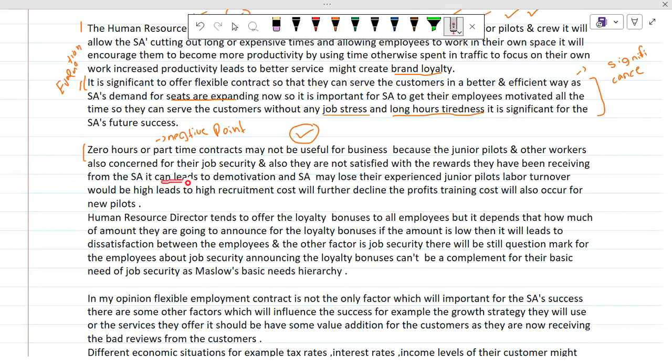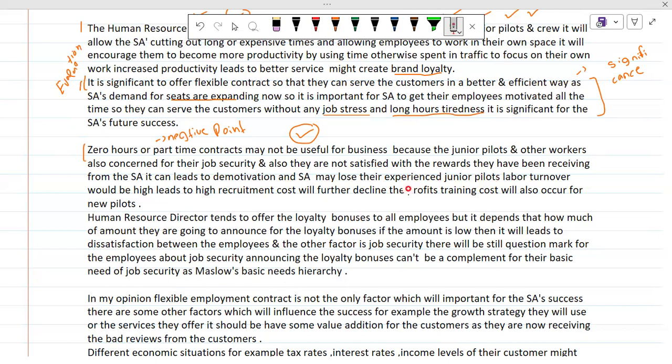That if this occurs, then after that this may be a disadvantage for the SA's future growth. So from here, I am going to start my chain of analysis. It can lead to demotivation. Of course, there is demotivation if they feel that their job is not secure. So it means that they will be demotivated, and SA may lose its experienced junior pilots.